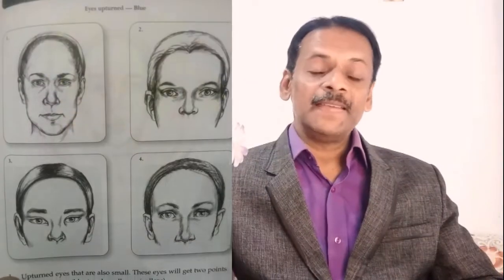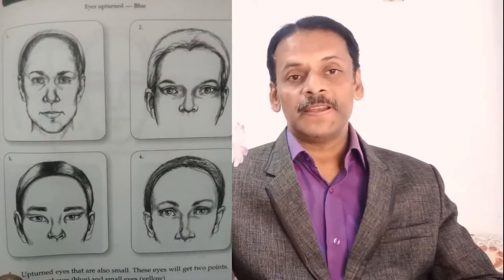In the eye features of syphilitic miasm, the first feature is upturned eyes. The second feature is far set eyes, that is, the eyes will be far set. Wide set eyes is the second feature in the syphilitic miasm.